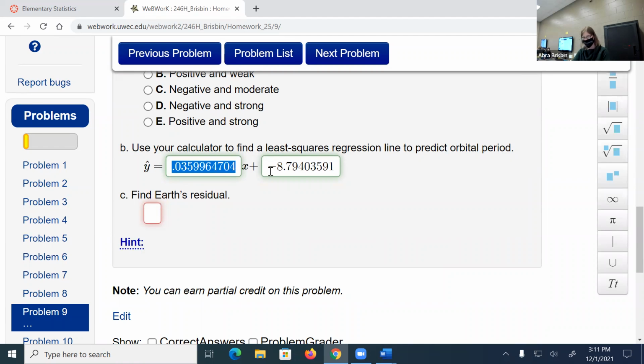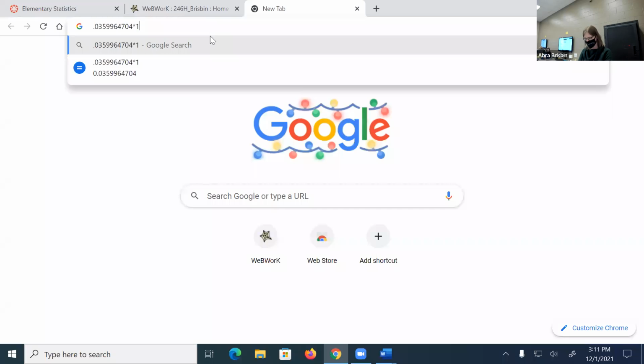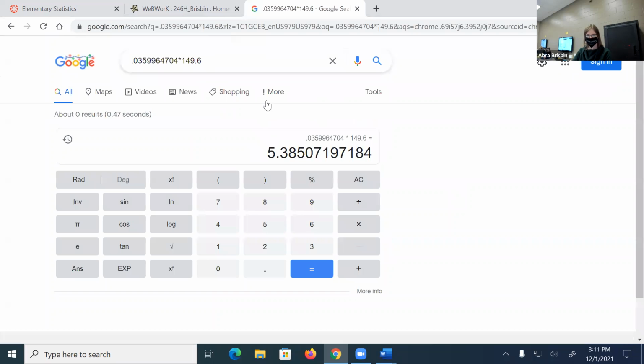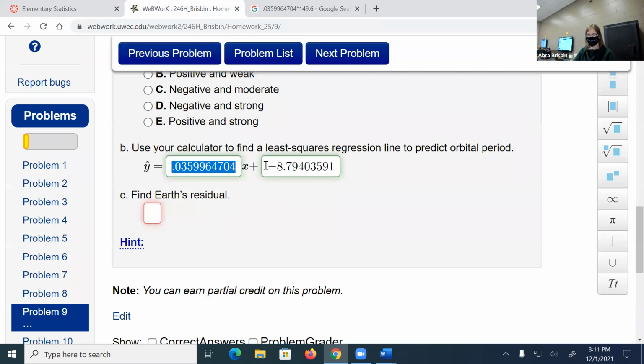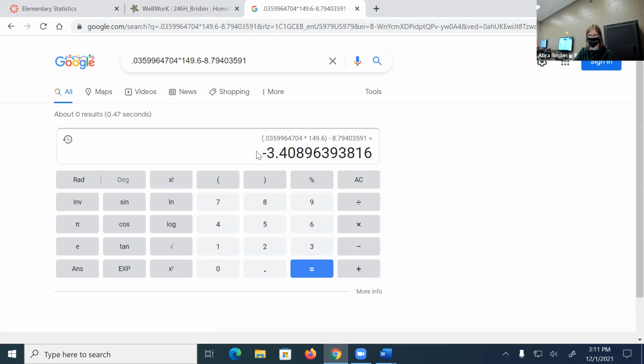So, use Google as a calculator. So 5.385, and then subtract 8.79. So negative 3.408.